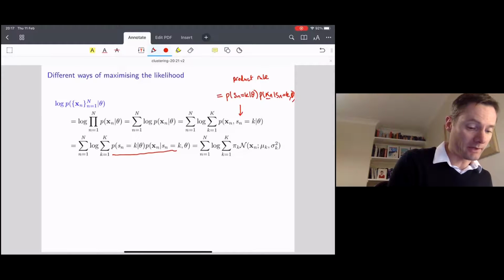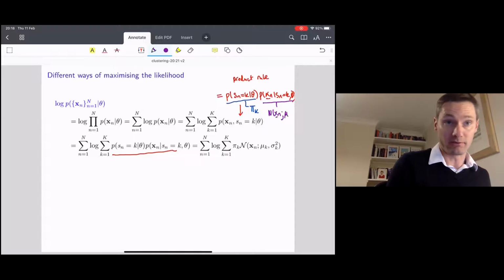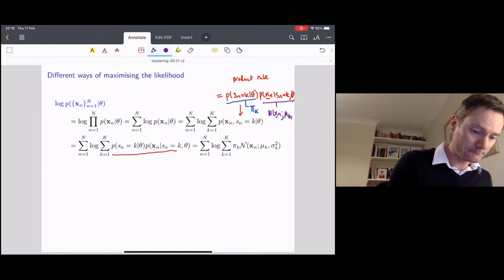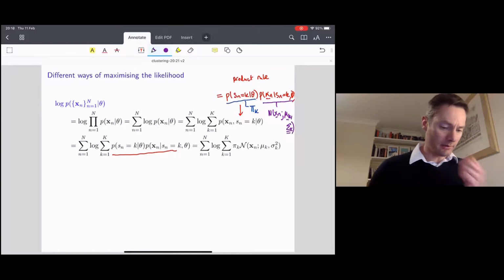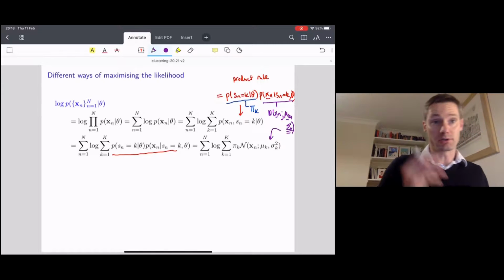The probability of coming from cluster k given theta is just defined to be pi k. And the second one, the probability of xn given Sn equals k, well, that's just our Gaussian. If we know which cluster xn comes from, then its probability is just given by a Gaussian. Great, so I can substitute those things in, which gives us this expression down here.